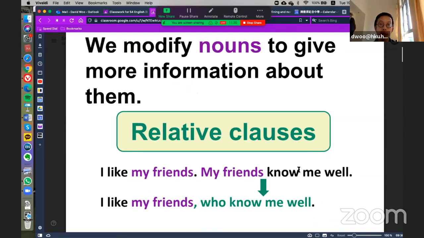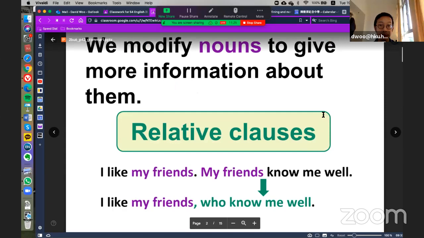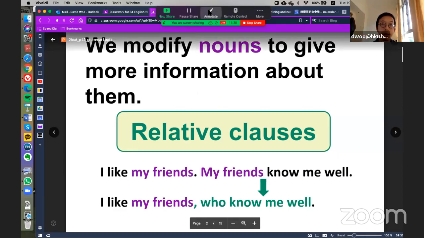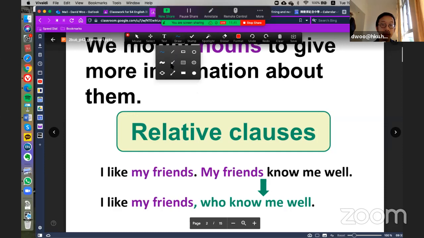Nouns. Nouns are people, places, things, and ideas. And sometimes we want to provide information for nouns, and we use adjectives. And sometimes we can use entire sentences to describe nouns. Let's take a look. So relative clauses.